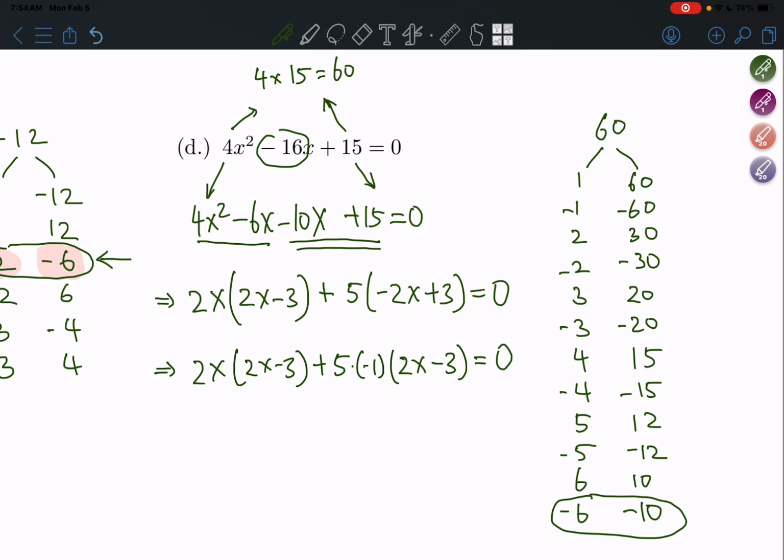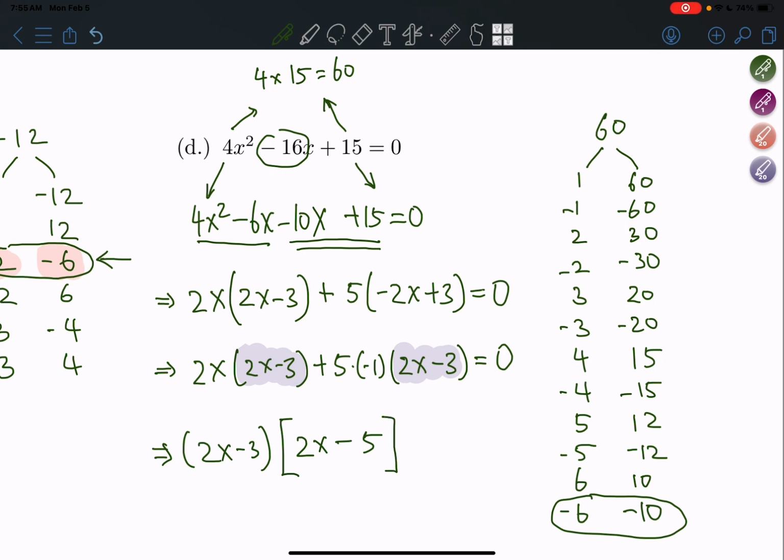So now these are the same thing, so I can factor that out. So I got 2x minus 3, and then inside the bracket, I have the first term, 2x left, and then the second term, 5 times negative 1 is negative 5. So I got the second term here.